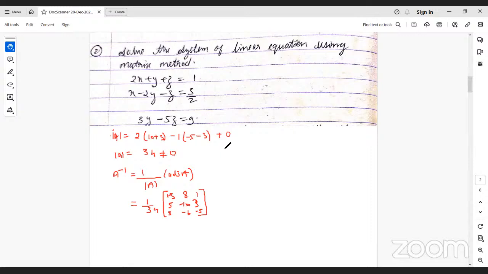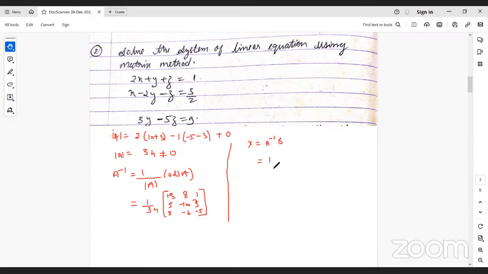Next, the last step what we need to do is using the formula. What is the formula we have discussed by matrix method? We have obtained x is equal to A inverse into B. So substitute in this formula.